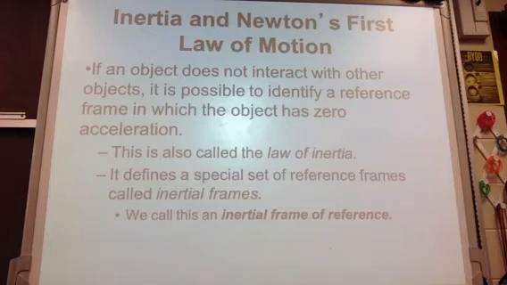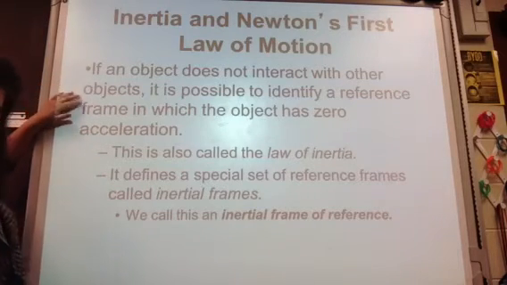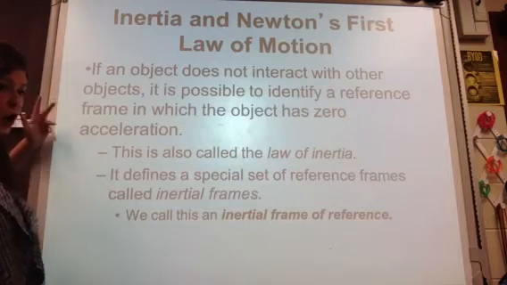Okay, so based on inertia, Newton came up with his first law of motion. And that is, if an object does not interact with other objects, it is possible to identify a reference frame in which the object has zero acceleration. This is technically Newton's first law of motion. We have not heard it this way.